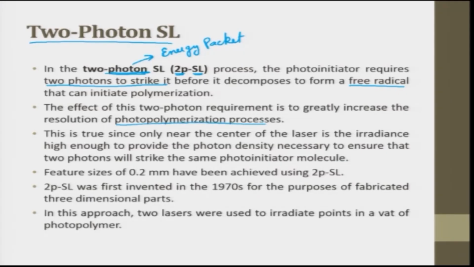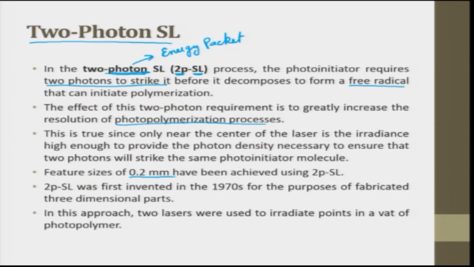Why? Because here we don't talk about the layer by layer approach. It is true, since only near the center of the laser is the irradiance high enough to provide the photon density necessary to ensure that the 2 photons will strike the same photo initiator molecule.